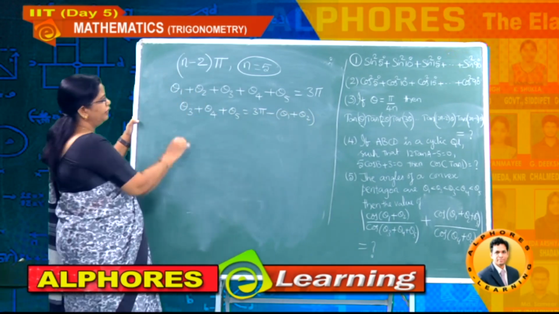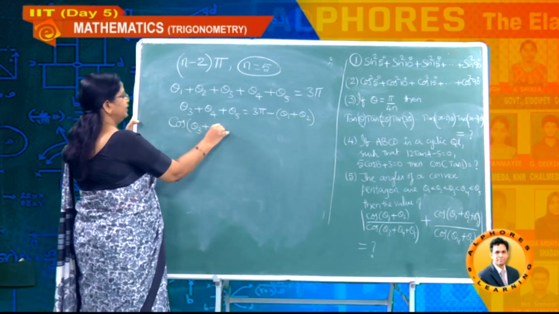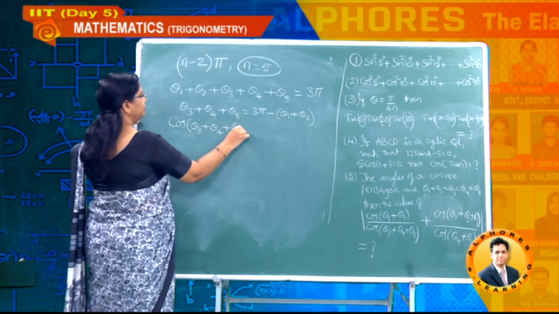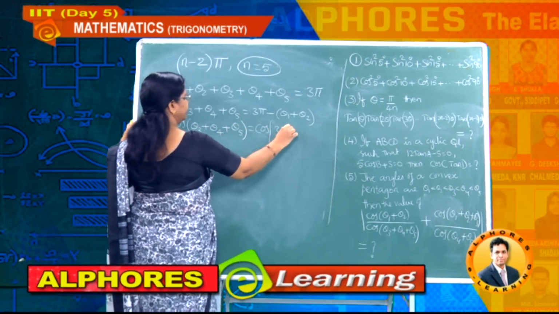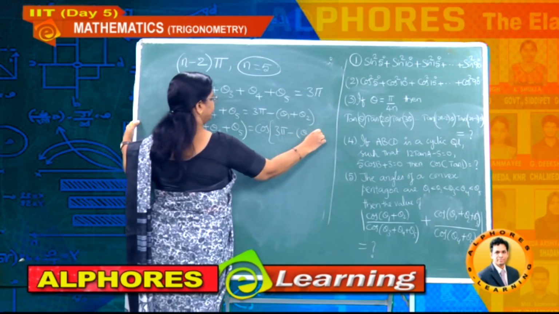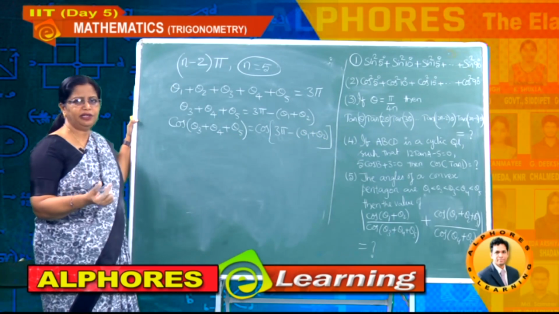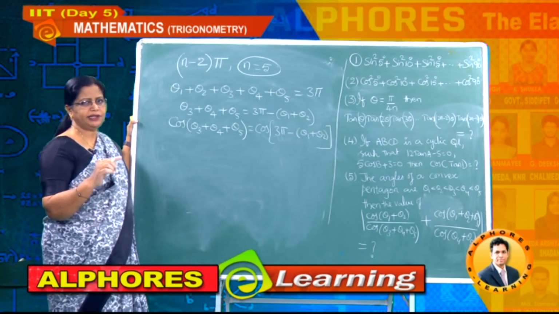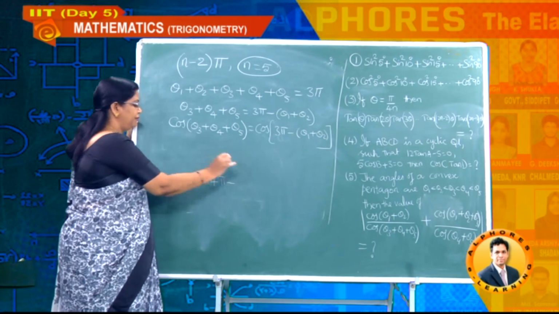Understand? Then what is cos of this value? Cos of theta 3 plus theta 4 plus theta 5 is cos of 3 pi minus (theta 1 plus theta 2). Now, whenever you come across 3 pi minus, treat it as always second quadrant, because we write it as 2 pi plus pi minus.